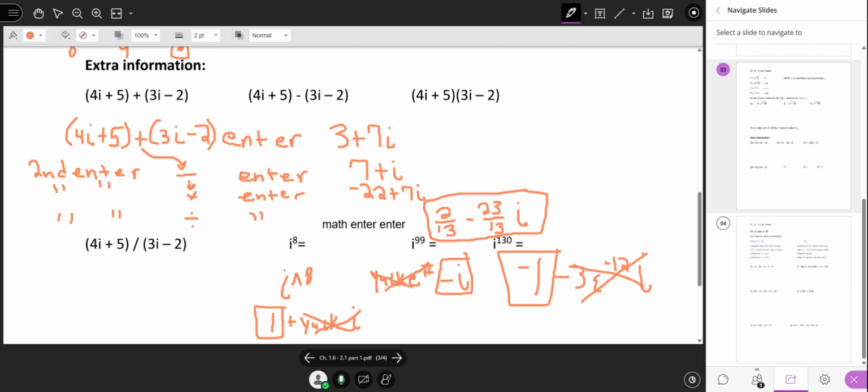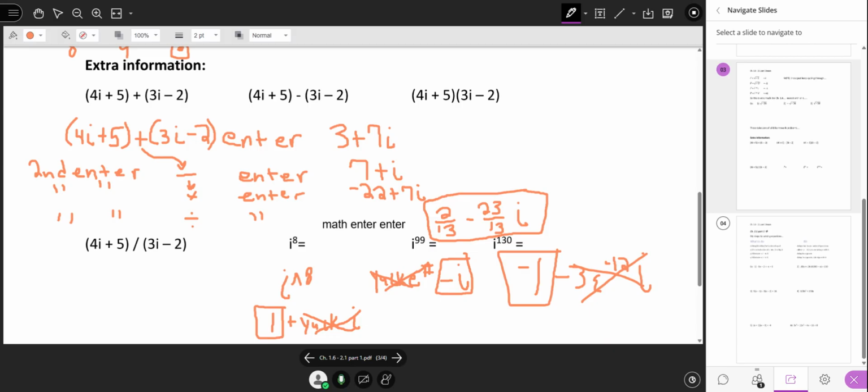Okay? So if it's got a negative exponent, throw it away. E is an exponent. So throw away the yuck. Only keep the good stuff. 1 is good stuff.